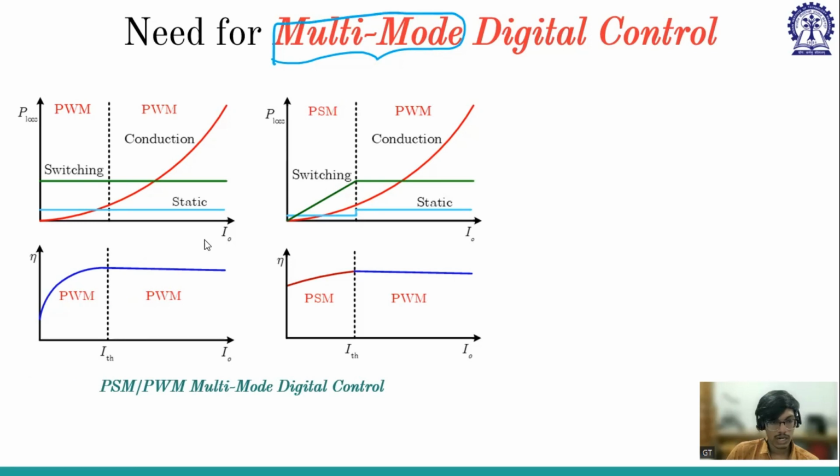So if you consider, say, a buck converter, these are the losses versus I0. When we cross a certain value of I0, say I boundary, switching losses are always constant because it is fixed frequency of operation.